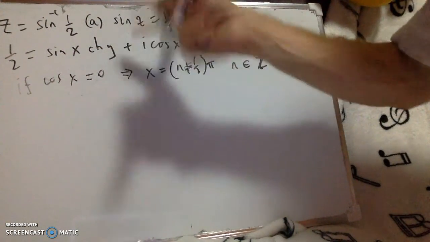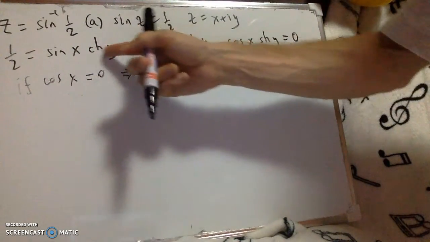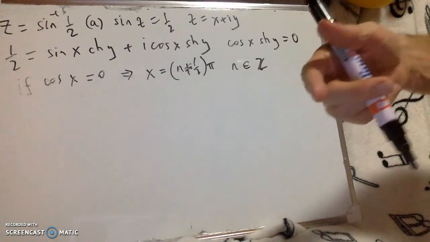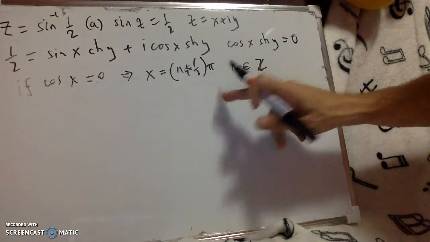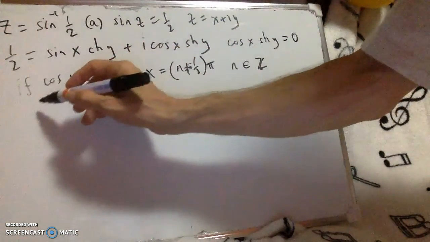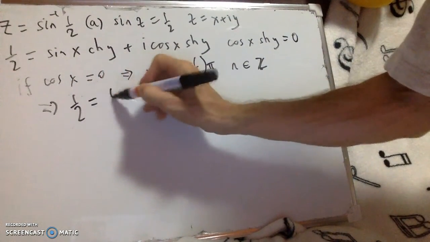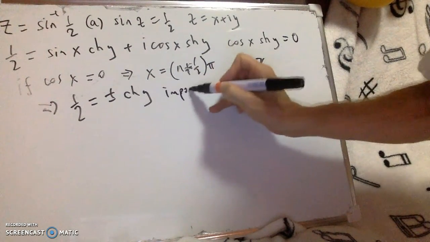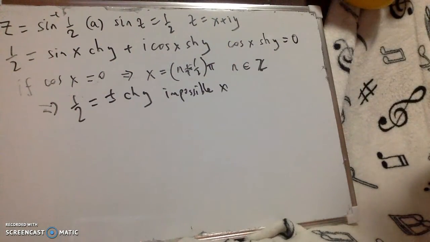Y is real. It's impossible. Cos y has a minimum value of minus 1, so it can't possibly be minus a half or plus a half. So this would imply that a half is equal to plus or minus cos y, which is impossible.